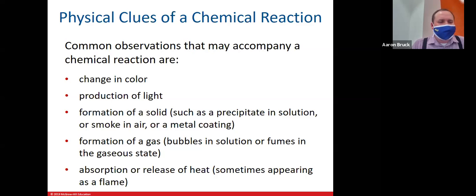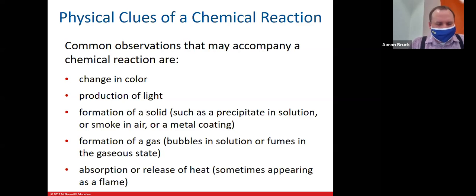The formation of a solid. So if I put two liquids together and a solid forms, or in the case of the magnesium, we saw that smoke, that particulate nature of that gas, the solid part of that is a sign of a solid forming.